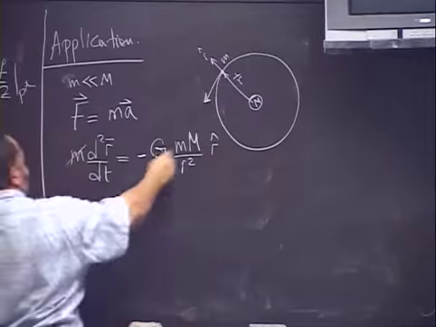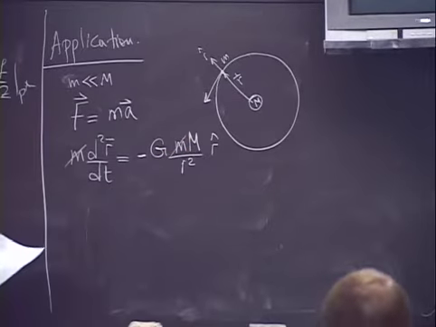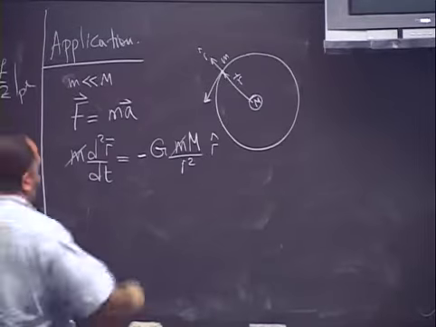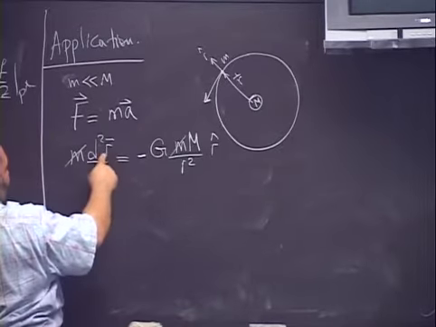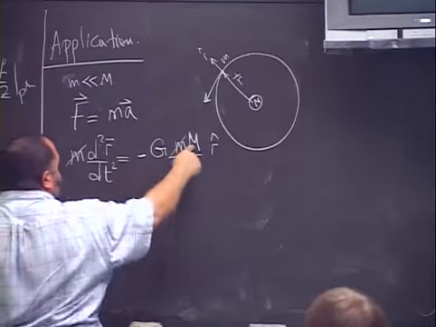So m cancels out because it is on both sides. Then we can write this as d2 r vector by dt squared equal to negative GM over r squared in the direction of r.